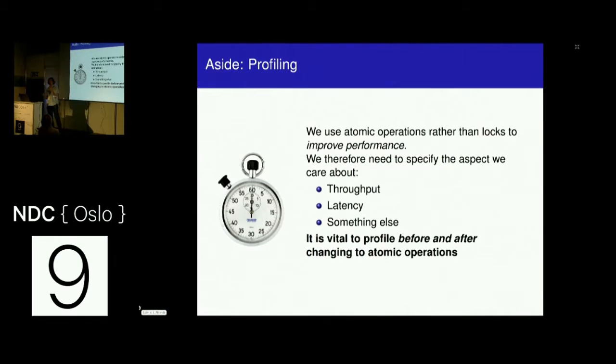Before we actually get into the things, I'm just going to say that fundamentally, most of the time you're using atomic operations rather than locks because you are hoping that it's an optimization. And like any other optimization that you're doing in your system, you want to profile.